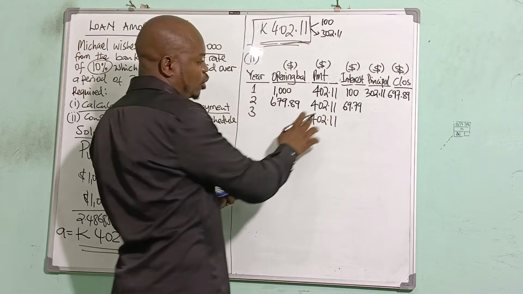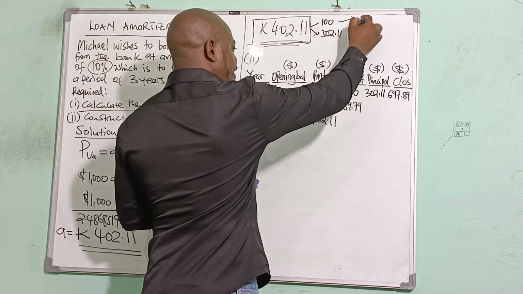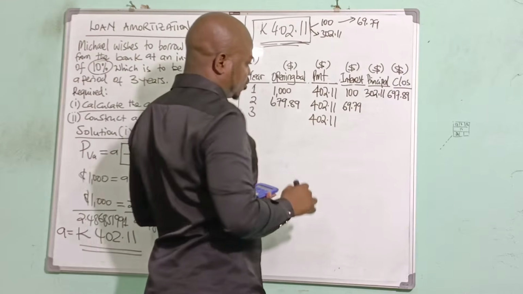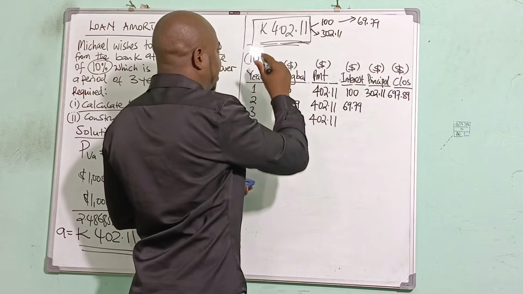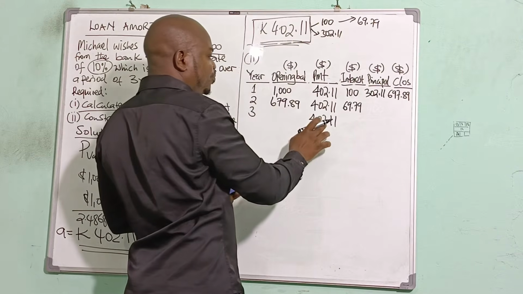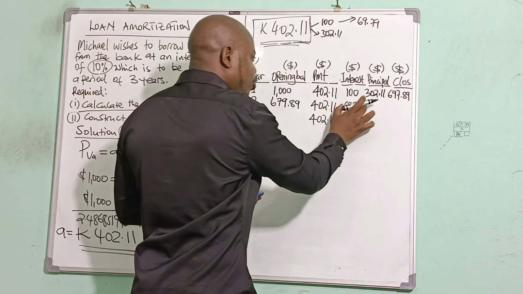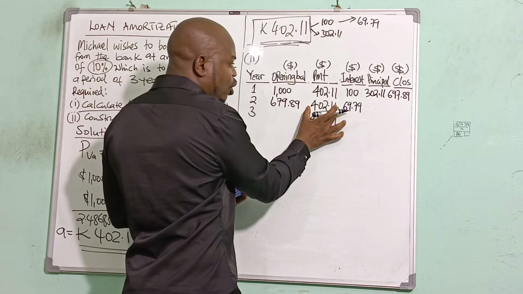To find the principal for year 2, I say 402.11 minus 69.79, because this amount has two components, principal and interest.